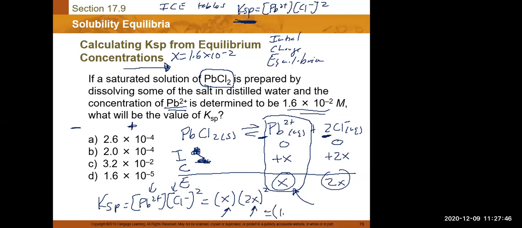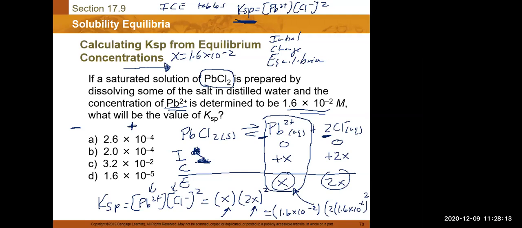We can go 1.6 times 10 to the minus 2 times 2 times 1.6 times 10 to the minus 2, and we do need to square it in that case. If we do all that, we end up with 2 times 1.6 to the minus 2 squared times 1.6 to the minus 2.